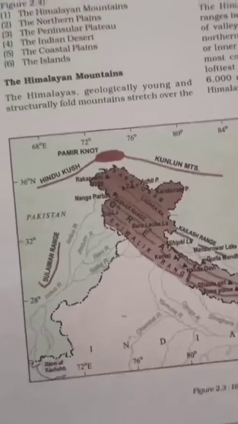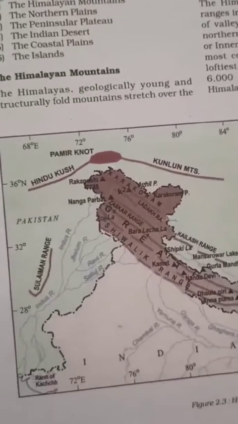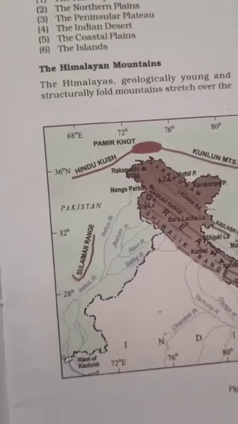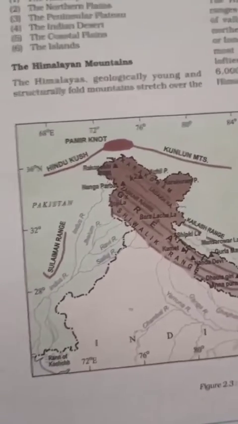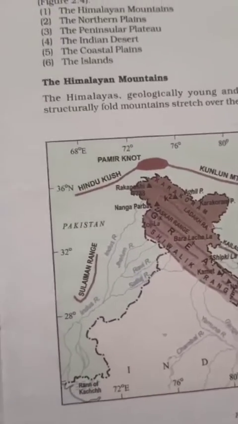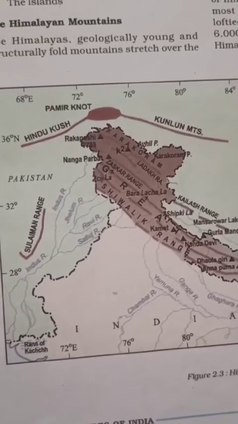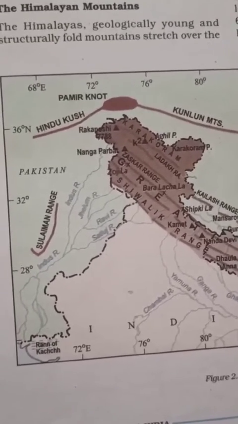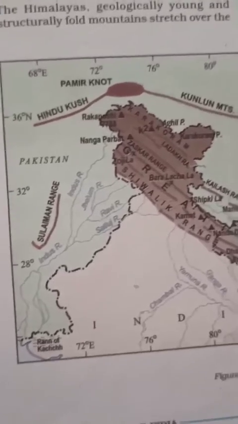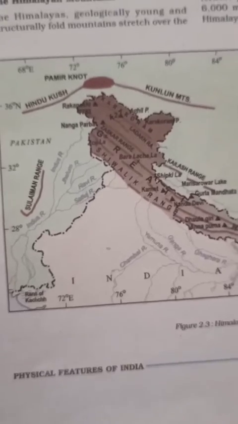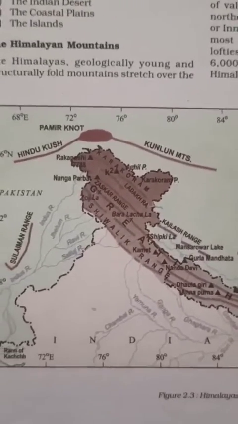First we saw a word, Gondwana land, in our previous video. What is Gondwana land? Gondwana land is the southern part of the ancient supercontinent Pangaea, with Angara land in the northern part. I told you, when there was only one island, the island divided into two parts.